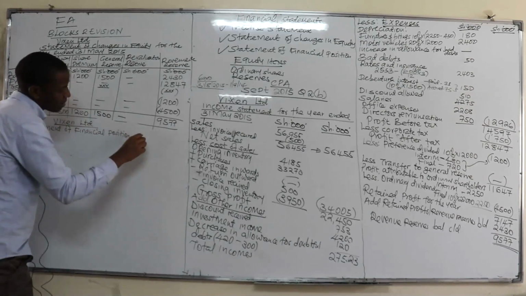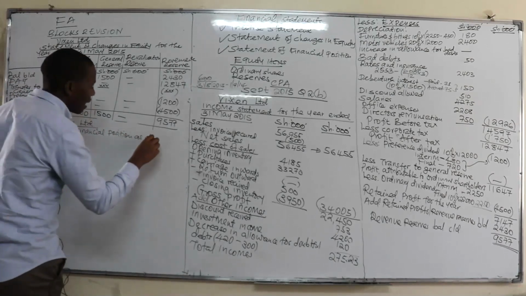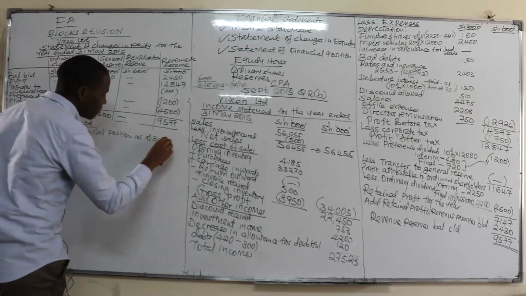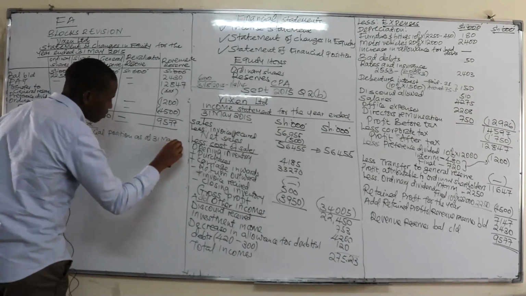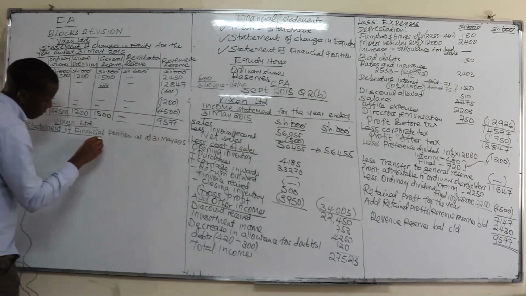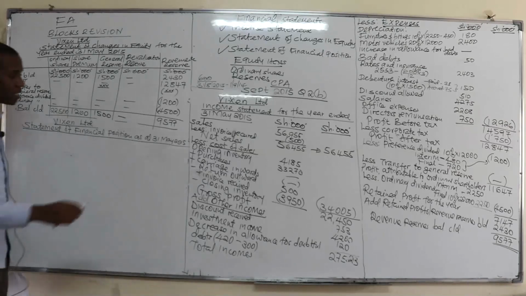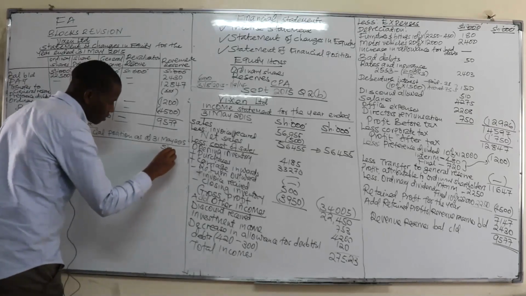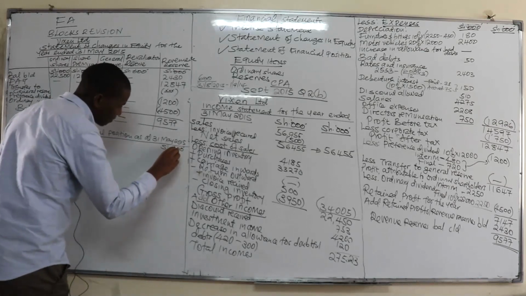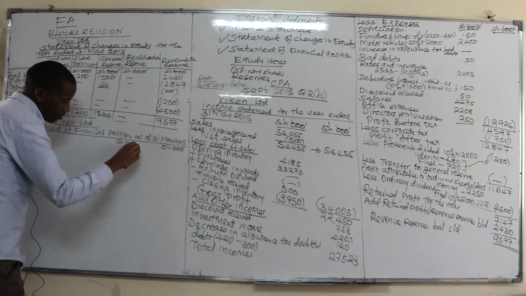This is the statement of financial position as at 31st May 2015. So in this case, I can have shillings in thousands and also have shillings in thousands.